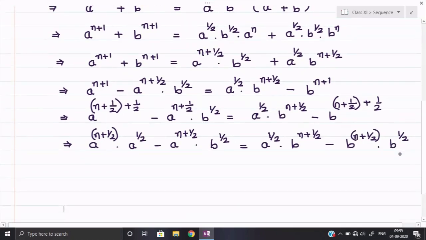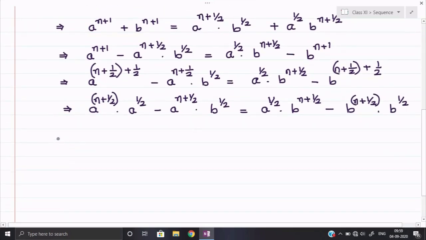Okay, now further, from the left hand side you observe we can take common a to the power (n+1)/2. Observe, in both the terms it is there.